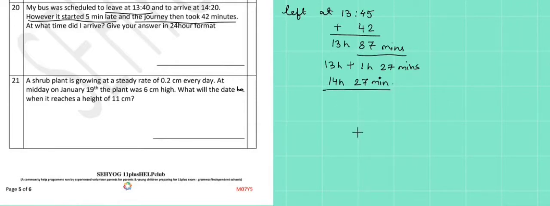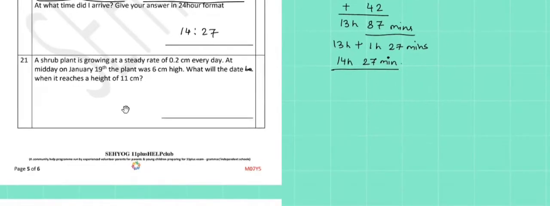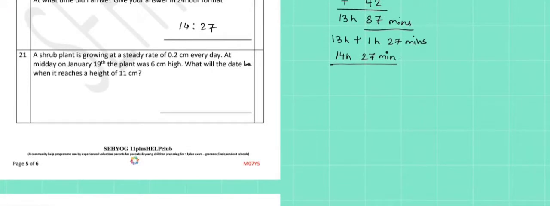So in your answer in 24-hour format, we are going to write 1427. Now in question number 21, a shrub plant is growing at a steady rate of 0.2 centimeter every day. Now at midday on January 19th, the plant was 6 centimeter high.